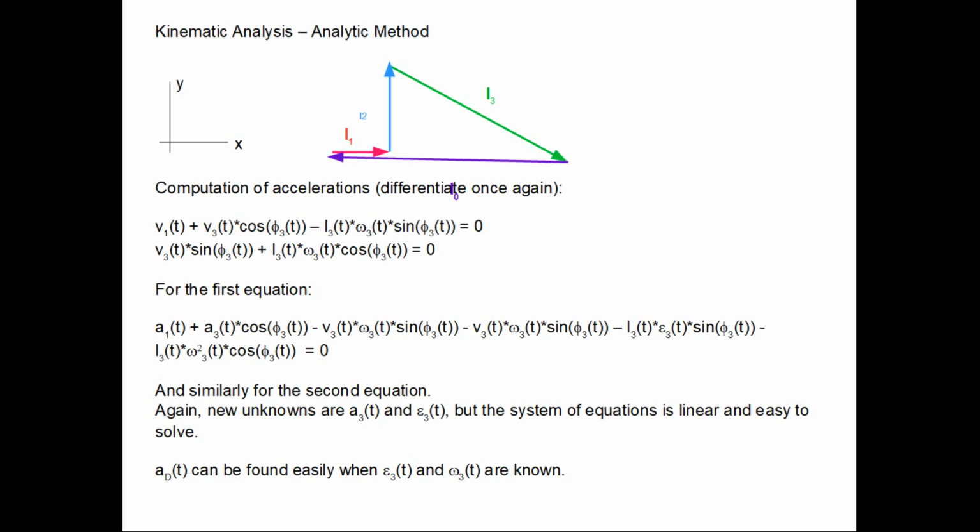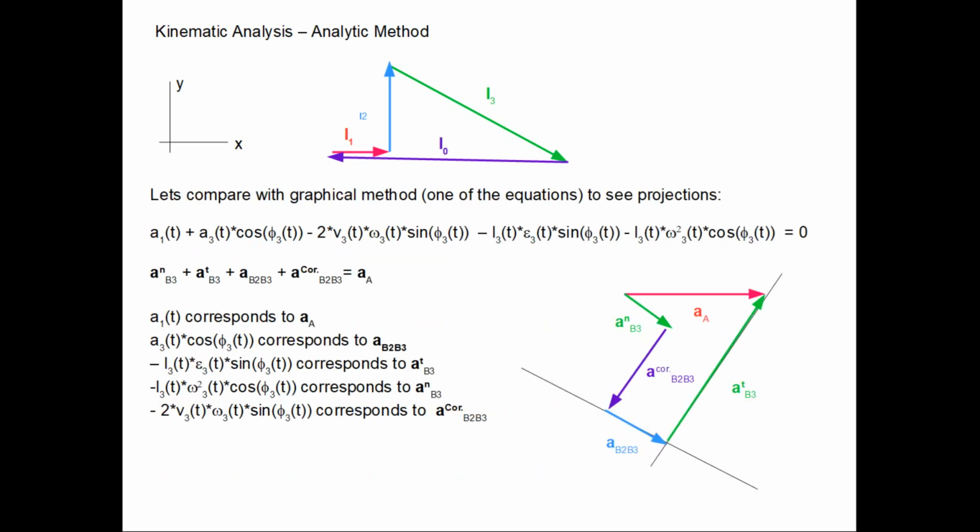Just add these two terms together and you obtain the 2 before the term, and I think you see what this 2v times omega term is, but let's see how it looks in our case. Here is the comparison between all of the terms used in the graphical method and the terms which we automatically obtained using differentiation.